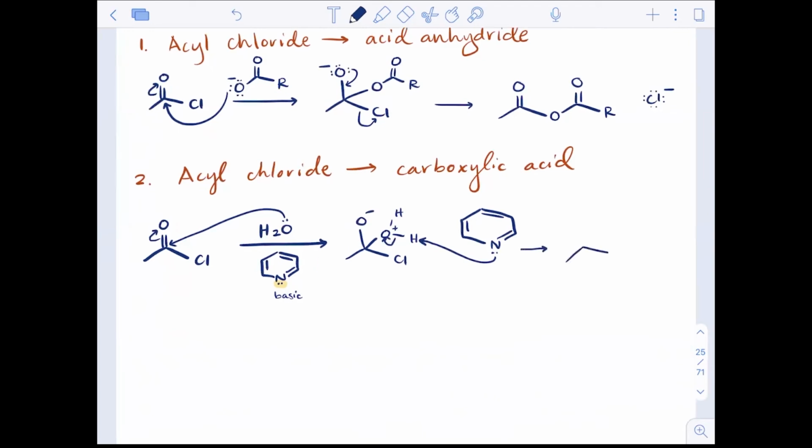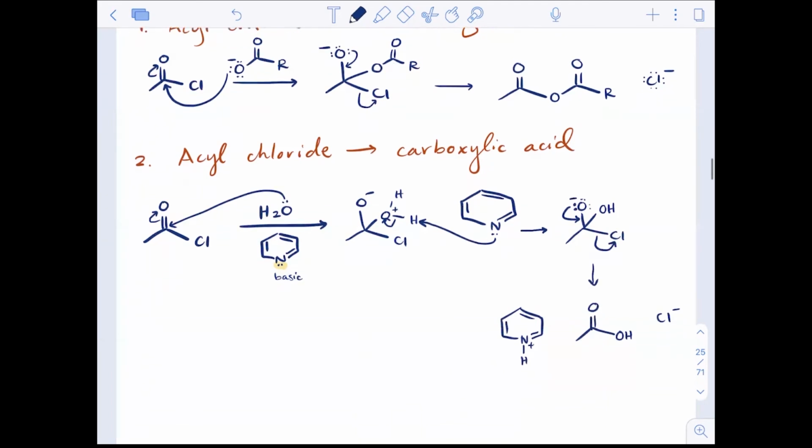And so we will deprotonate that oxygen so that it's not a good leaving group anymore. And then the oxygen will reform a carbonyl, kicking out the Cl minus. So the exchange here is going to involve one proton transfer. And that proton transfer will be between pyridine and the protonated alcohol.